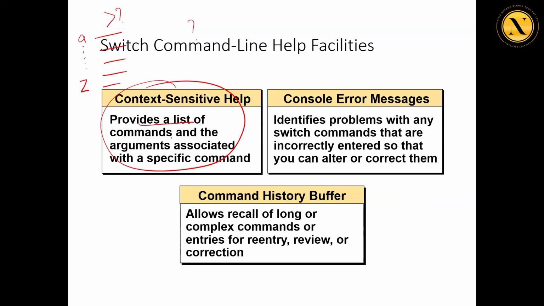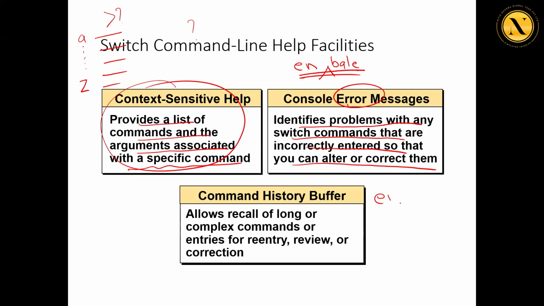It provides a list of commands and the arguments associated with a specific command. Console error messages, caret marker, right? Enable and wrong typing, right? Typos, typing mistakes. This identifies problems with any switch commands that are incorrectly entered so that you can alter or correct them.